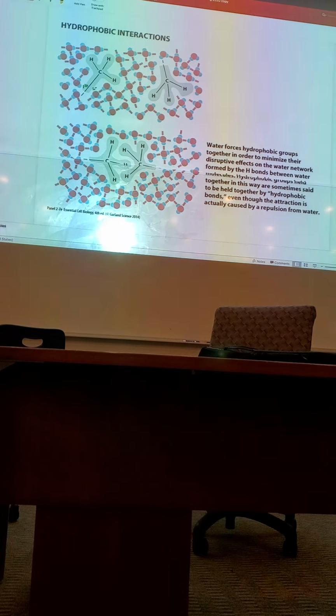Here's one, there's two more, there's two more, so there's all these potential hydrogen bonds that can't form for both of them. But if you stick these together where they can interact through van der Waals interactions, now there's less structured water molecules around. Okay?